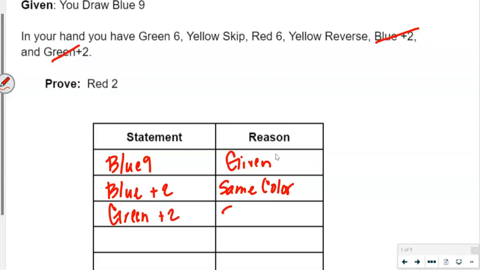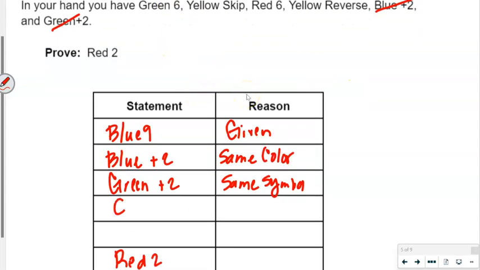Now, why can we do this? Because it's the same symbol. Then we got a green plus 2, and what can we do next? There we go, green 6. We got a green 6 because it's the same color again.